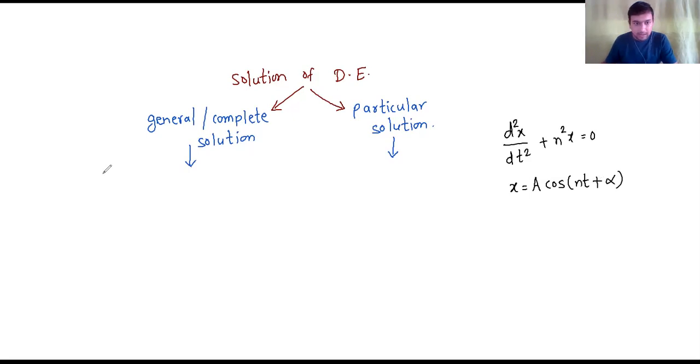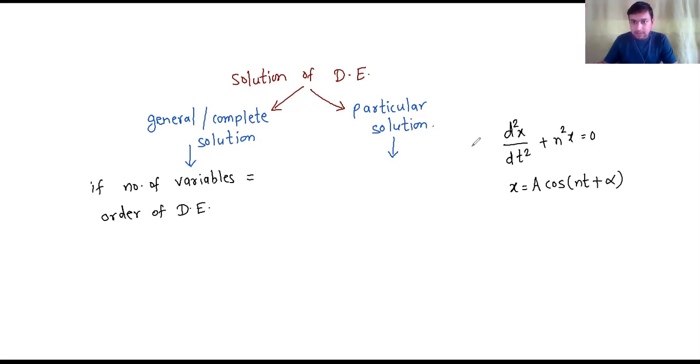If the number of variables is equal to the order of the differential equation, in such a case you always get a complete solution.